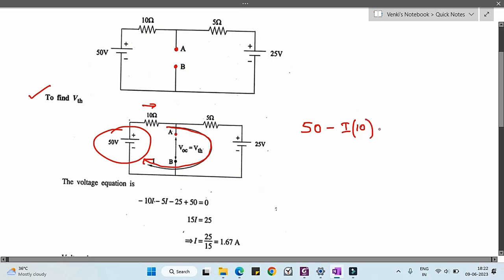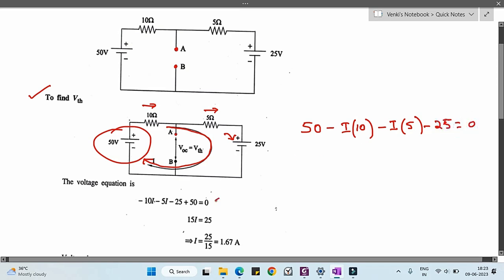That is 10. Next, the voltage across this 5 ohm resistor is minus I into 5. Next, for this voltage source the current is entering at the positive terminal, so we need to consider it as minus 25, which is equal to 0.